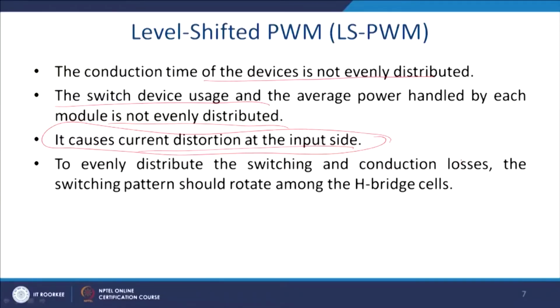To evenly distribute the switching and the conduction losses, the switching pattern should rotate among all H bridges. So, you first give some kind of pattern, triangle wave, to some of the H bridges, then after a few cycles you change those patterns, so that it will rotate evenly, so that these losses get distributed equally throughout all the H bridges. This is the way we generally do it.